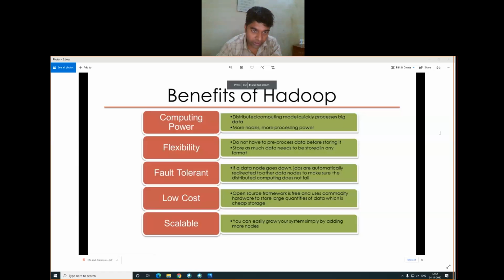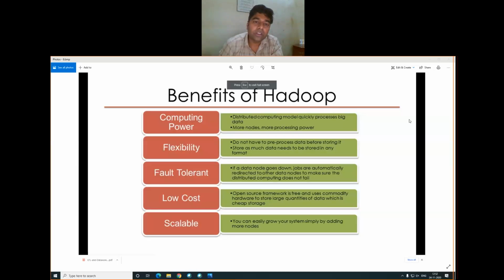Basically, we get better computing power, better flexibility, good fault tolerance, and Hadoop provides a low cost solution because it uses an open source framework, and also provides a scalable database. So that is far better as compared to RDBMS and data warehouse computing.